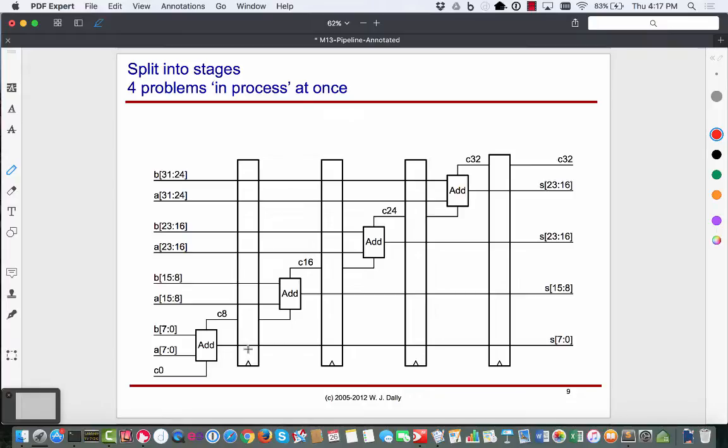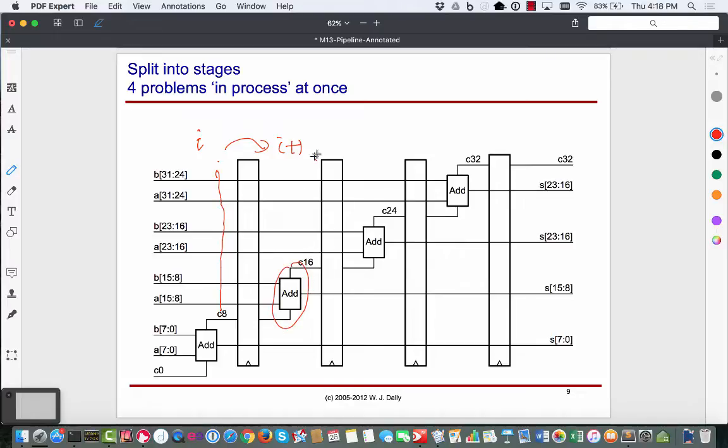At the next clock tick, both the values produced by this lower hardware, as well as the values for this particular pair of A and B, which are the upper 24 bits, will move along. If clock number I is out here, then at clock number I plus 1, the same data will move to the next stage. And in the next stage, it will work on the next 8 bits.